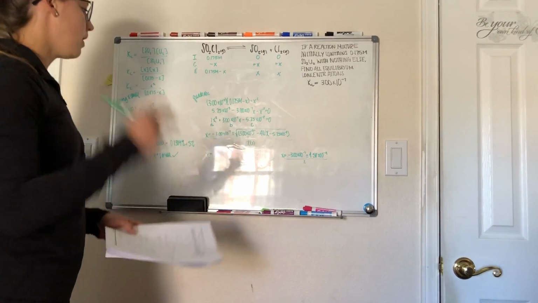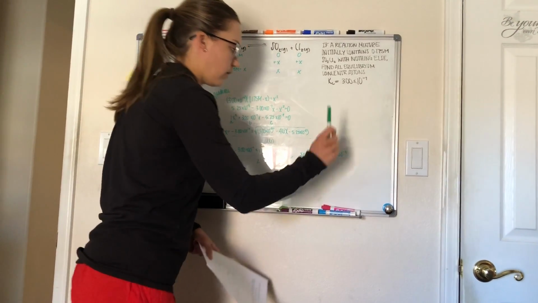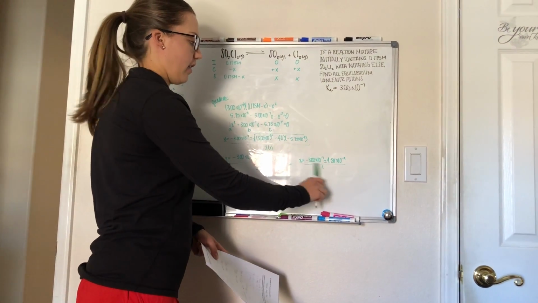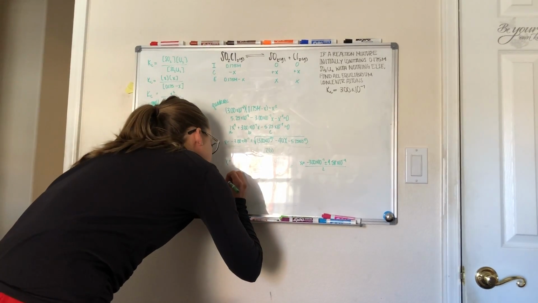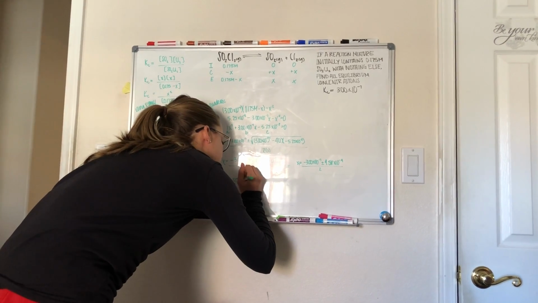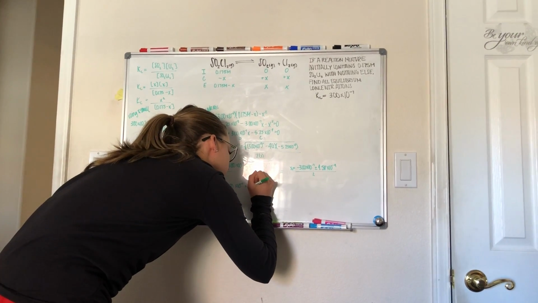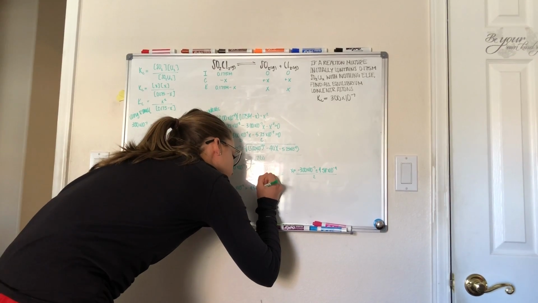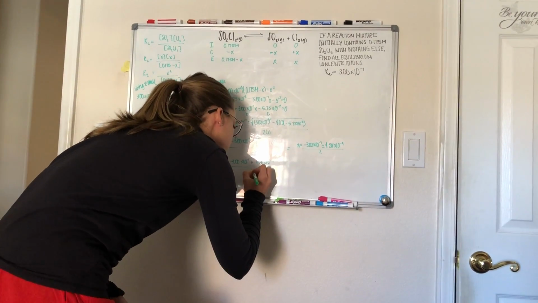So now from here, there's two paths that you can take. You have to do this number plus 4.58 times 10 to the negative 4, and this number minus 4.58 times 10 to the negative 4. So I'm going to do those both down here. Negative 3.00 times 10 to the negative 7 plus 4.58 times 10 to the negative 4 over 2.